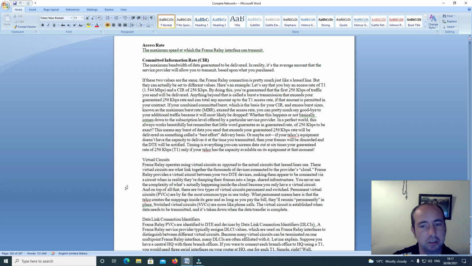By doing this, you're guaranteed that the first 256 kbps of traffic you send will be delivered. Anything beyond that is called a burst. Transmission that exceeds your guaranteed 256 kbps and can total any amount of the T1 access rate if that amount is permitted in your contract.